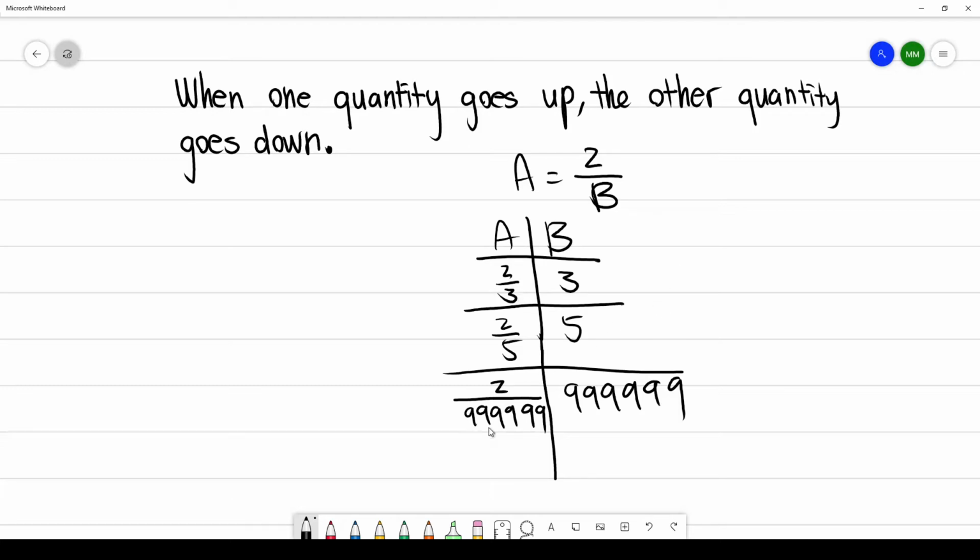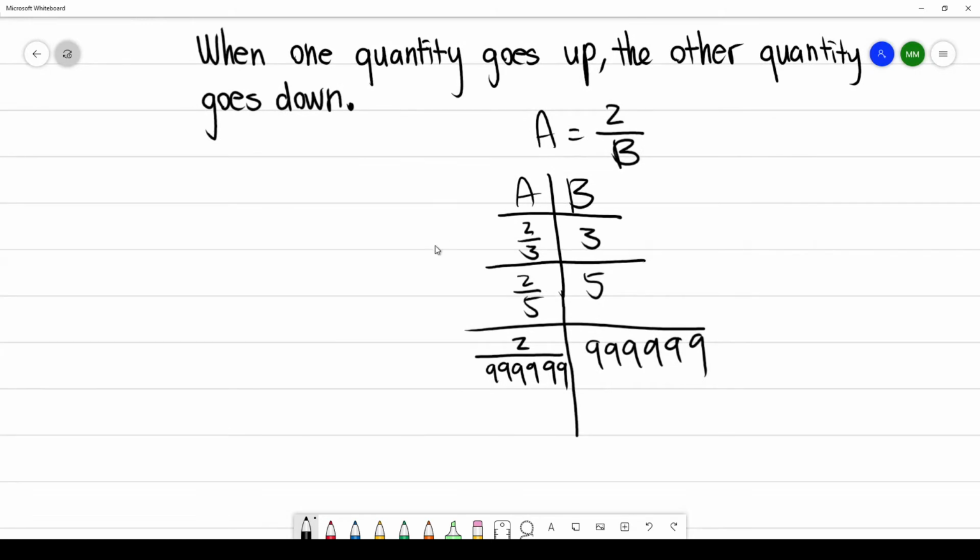What's 2 divided by 9 followed by six nines? That is approximately 0.000002.